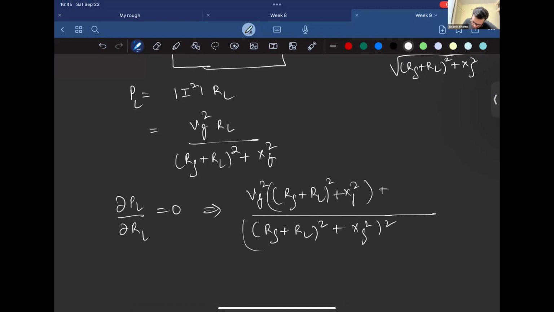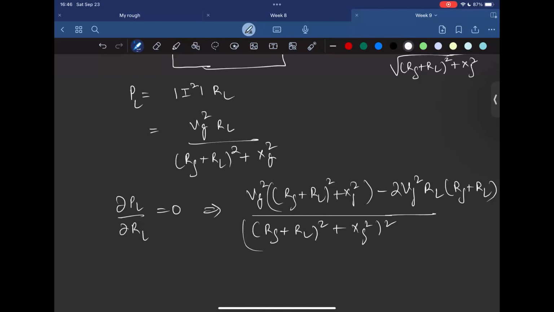And the below would be, right? And this would be negative. So then it will be Rg plus RL whole square plus Xg square, minus Vg square RL times 2 into Rg plus RL is equal to 0.